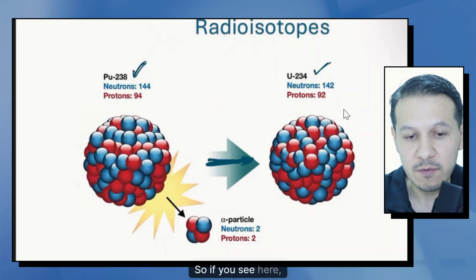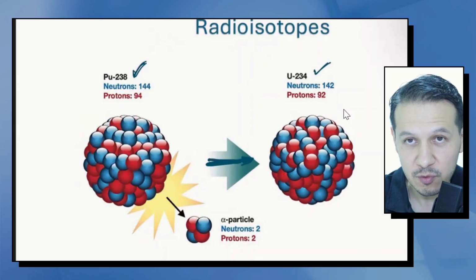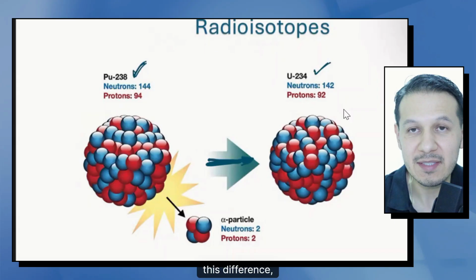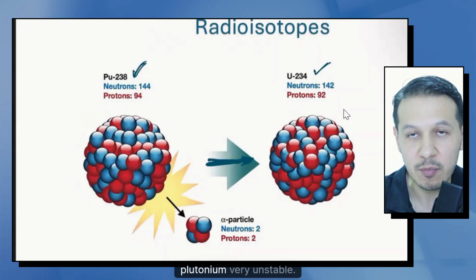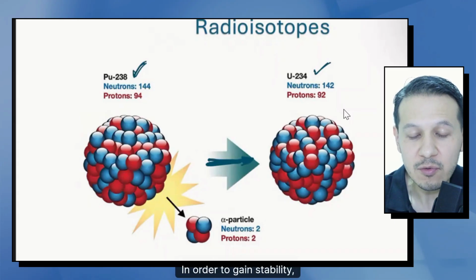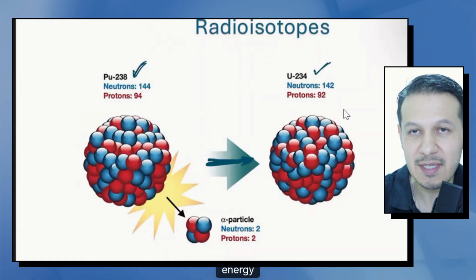So if you see here, plutonium is a non-stable atom because it has 144 neutrons and 94 protons. This difference, this imbalance, is making this plutonium very unstable. In order to gain stability, plutonium is releasing energy.